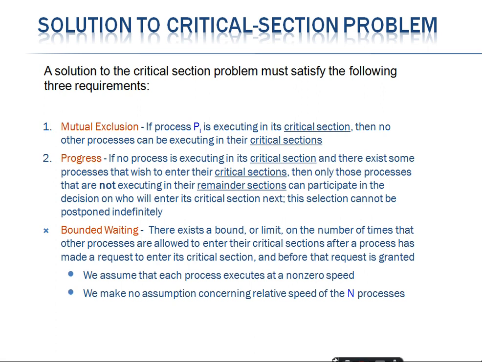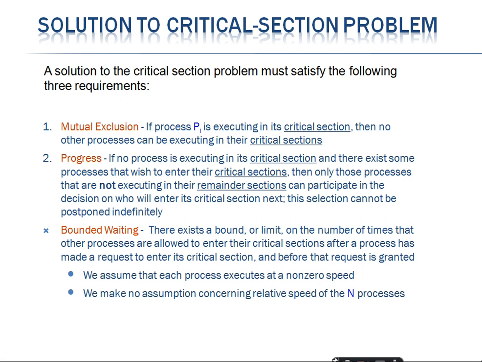Then among the requesting processes, we need to examine that the processes requesting to enter their critical section must not be executing their remainder section. Then and only then they can participate.